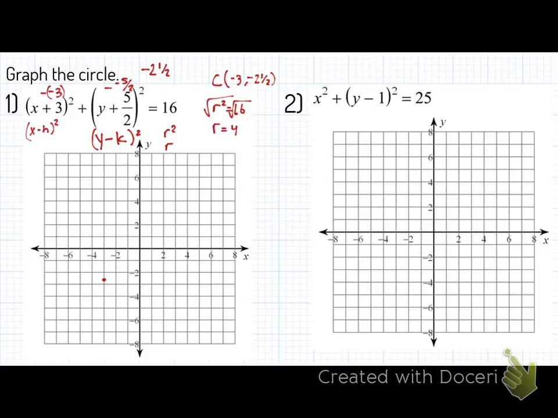So the way we work this out is you go from your center, we're going to go up 4, so we're going to go 1, 2, 3, 4. We're going to go down 4 from here. 1, 2, 3, 4. Plot a point. And then we're going to go right 4, 1, 2, 3, 4, plot a point here.